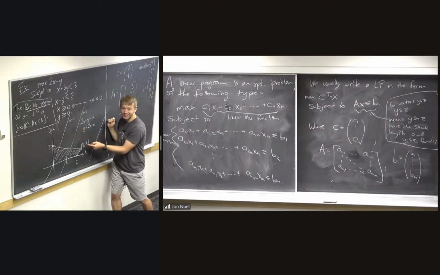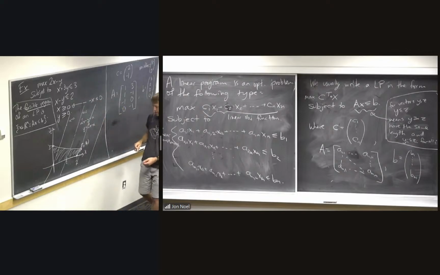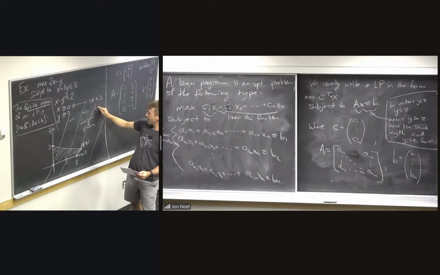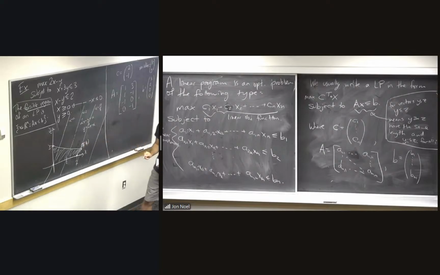I think it's going to be right through here, at alpha equals 17 over 4. So the maximum is 17 over 4, where x is equal to 9 over 4 and y is equal to 1 over 4. Does that make sense geometrically?